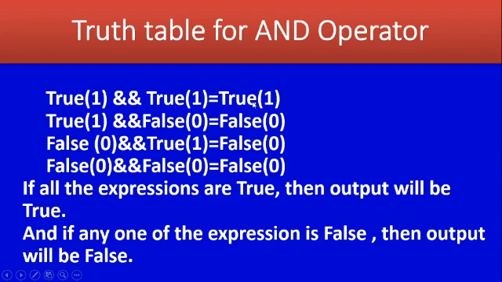AND means into, and in Boolean algebra we represent into as a dot symbol. So 1 into 1 is 1, 1 into 0 is 0, 0 into 1 is 0, and 0 into 0 is 0.